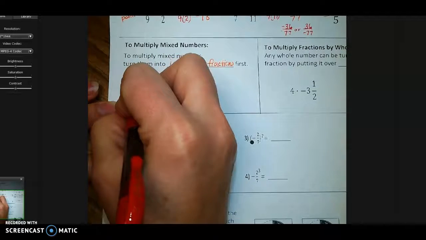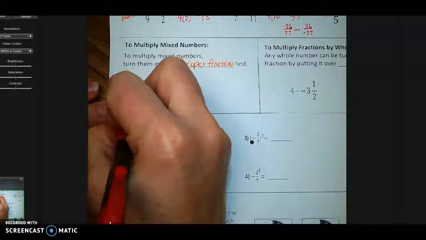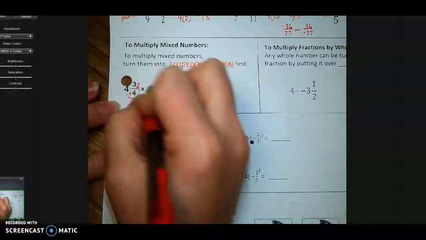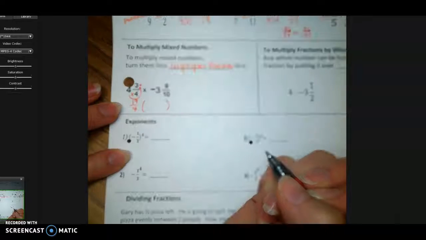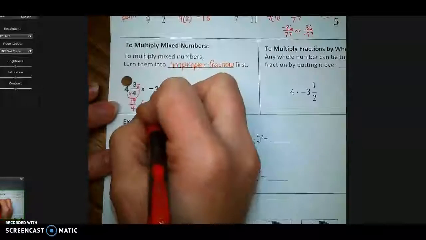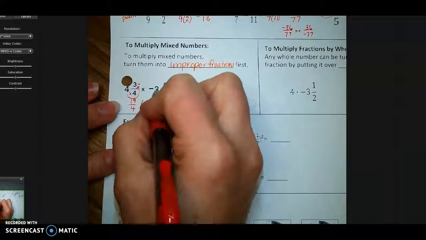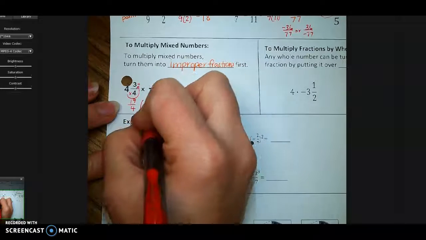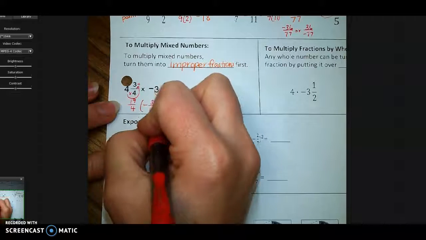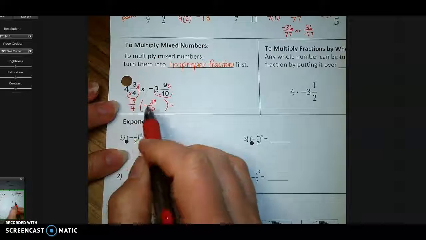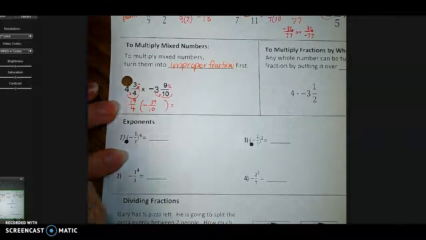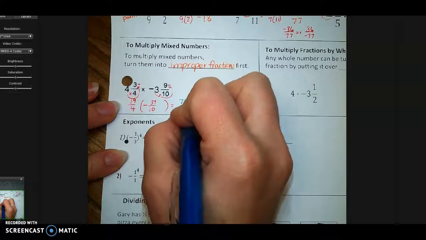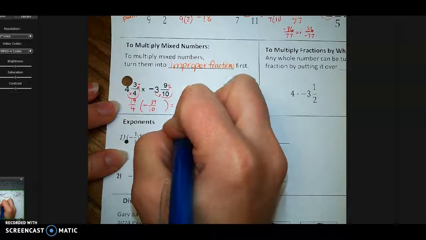So 4 times 4 is 16, plus 3 is 19, so I have 19/4 times, remember we don't like to use that x because we're going to have variables soon and that'll look funny there. So instead, I'm going to use parentheses, and then 3 times 10 is 30, plus 9 is 39 over 10. Now, I unfortunately cannot reduce. I'm going to end up with some big numbers here. And in fact, when I do 19 times 39, I get 741 over 40.